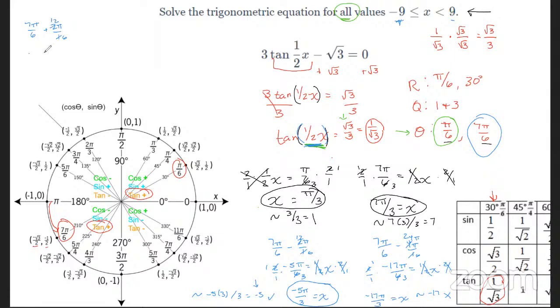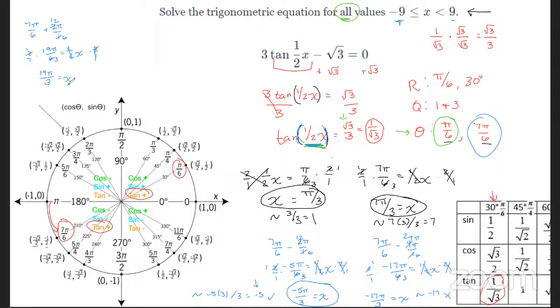7 plus 12 is going to be 19 pi over 6. We're going to set it equal to what's inside our parentheses, which is 1/2 x, multiplied by the reciprocal. That's going to cancel out. 2 becomes 1, 6 becomes 3. So we've got 19 pi over 3 is equal to x.